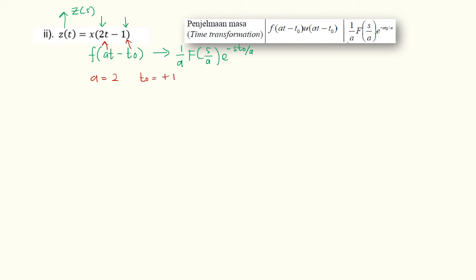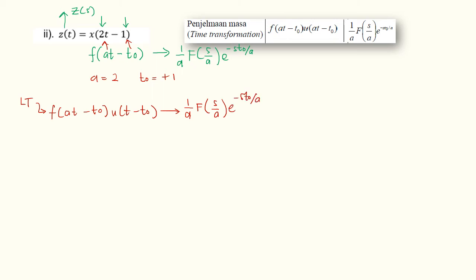Okay, so now rewrite the equation. We know from the Laplace transform table that f(at minus t naught) u(at minus t naught) will produce 1 over a F(s over a) e to the minus s t naught over a.